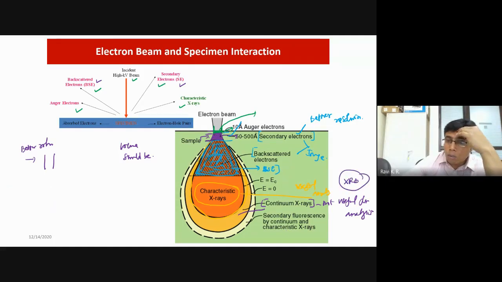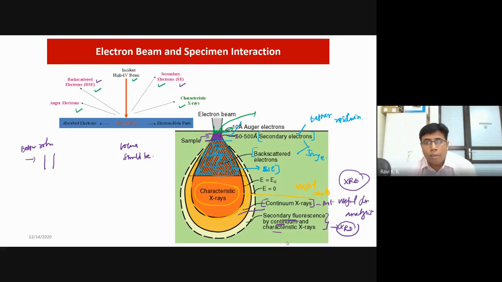We also discuss fluorescence, which is also not good for the analysis. We don't want fluorescence. That also we'll discuss when we discuss X-ray diffraction. But as a whole, we can see clearly that the spatial resolution of a secondary electron is going to be much better than a backscatter electron. The poorest is going to be the X-rays.